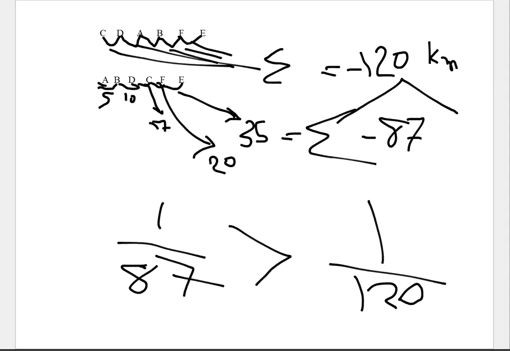So this element is better than the first element. The second element is better than the first element.